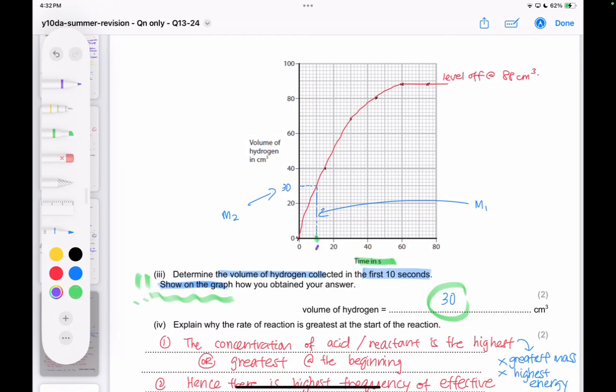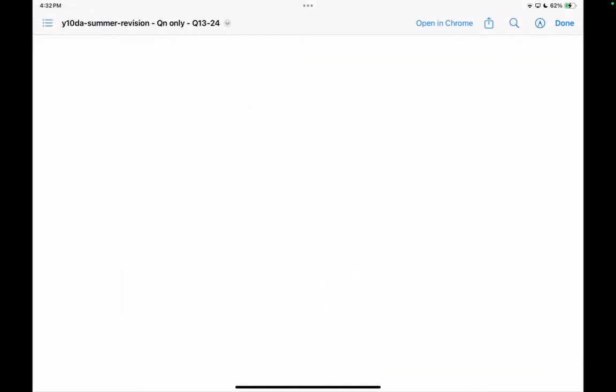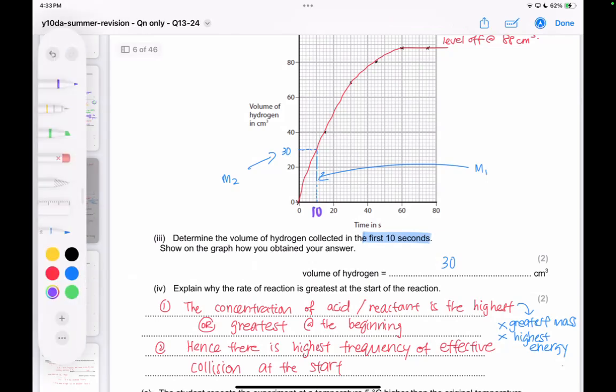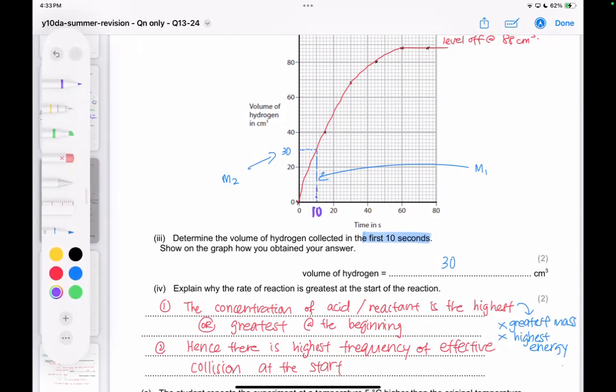This is where your 10 seconds is. And then you draw the dotted line upwards. Okay, so my 10 seconds is here, and you draw this dotted line upwards. Once you hit the curve, you draw towards the left-hand side, and you should get a reading. So for me, the reading is 30. So that's how I get this.